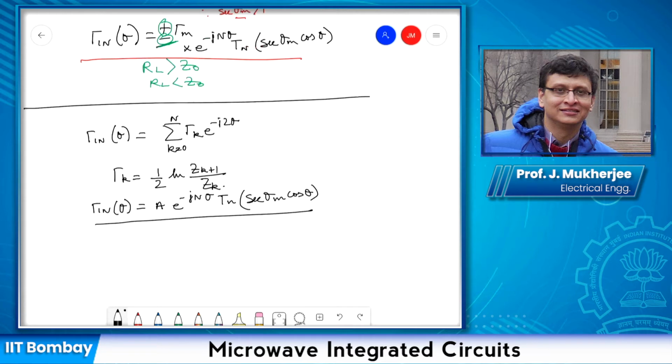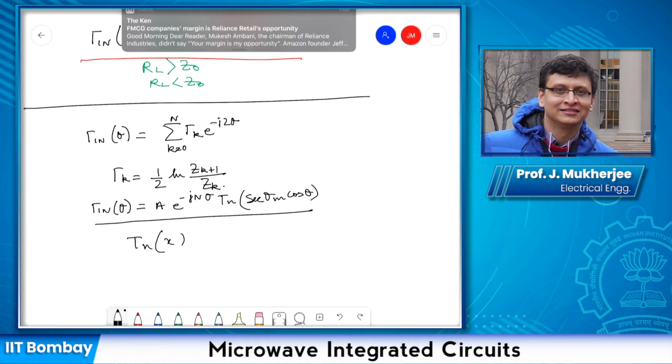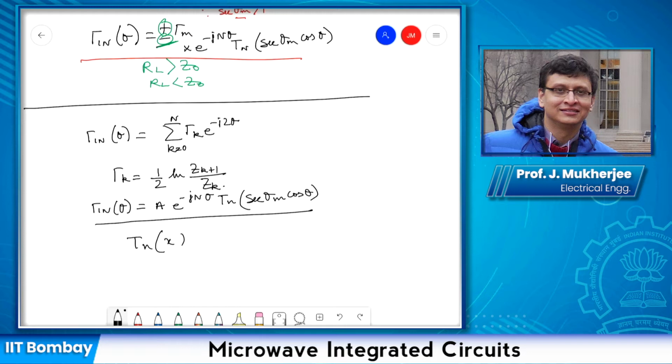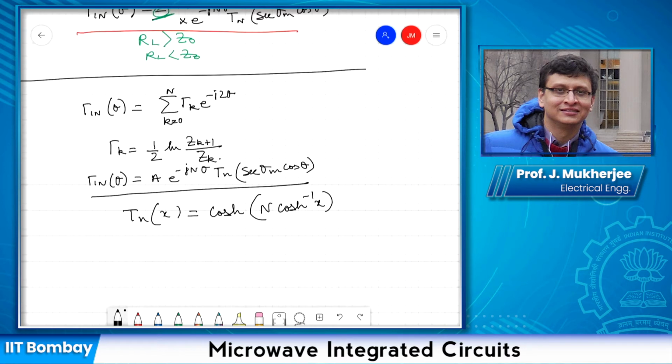So an alternate way of expressing this Tn x, that is the Chebyshev polynomial, is like this. And this is another alternate way of expressing the Chebyshev prototype function.